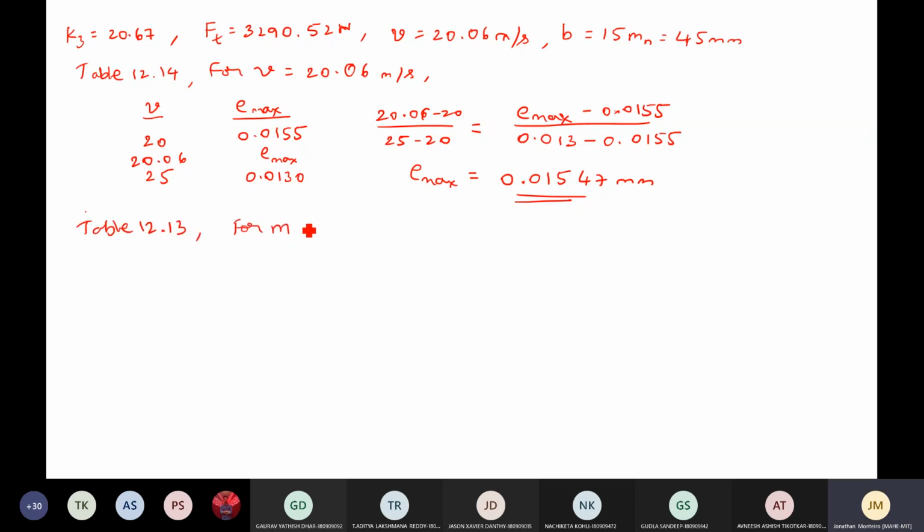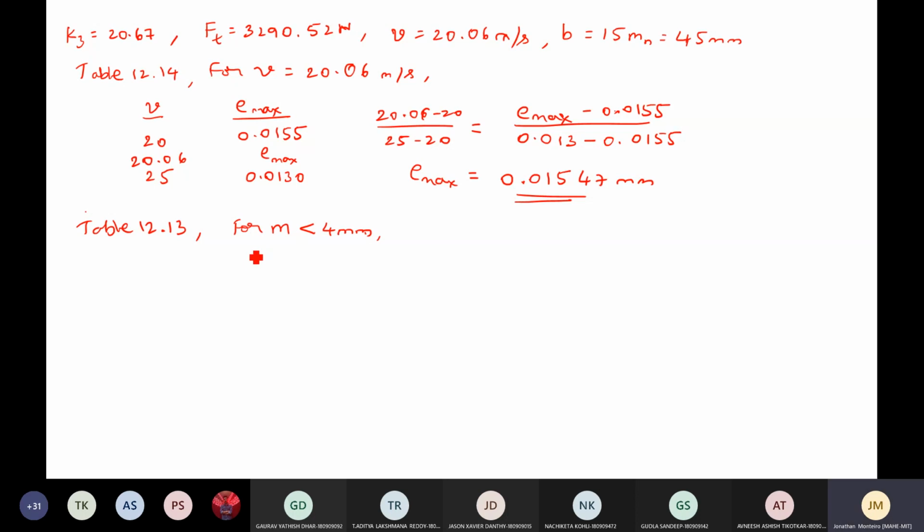So for module less than 4 mm, what can we do over here? For module less than 4 mm, that table gives all the values from 4 mm.